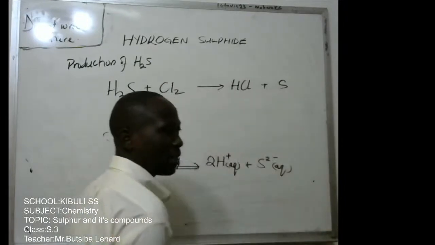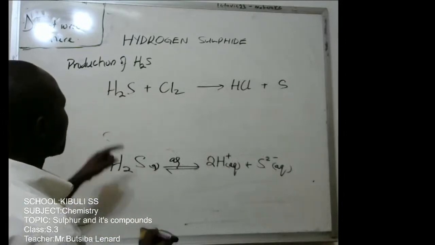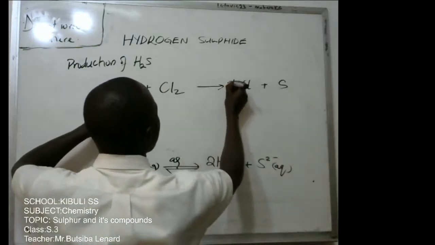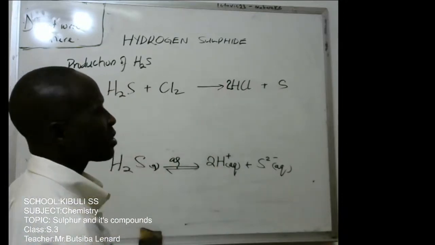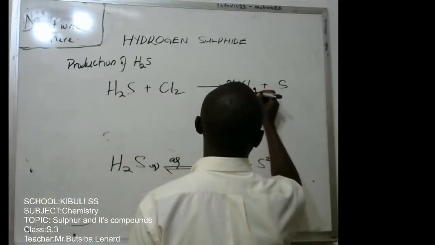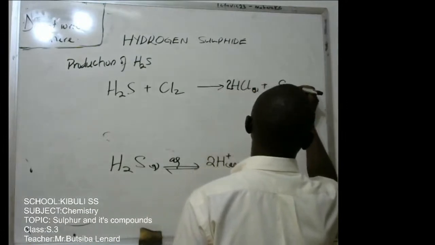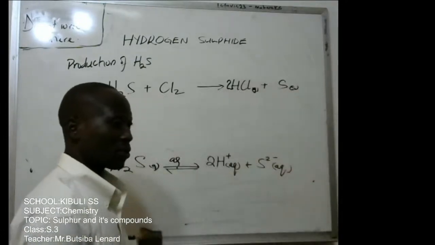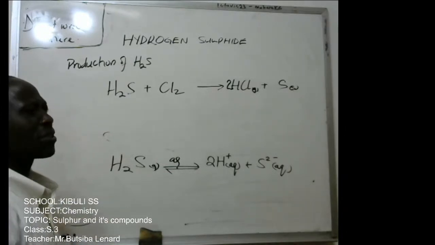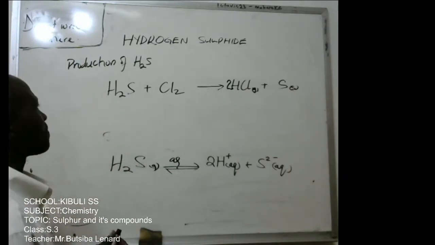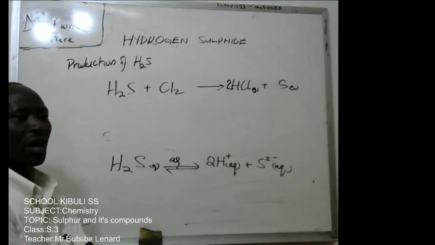Sulfur is going to be deposited. Since we have two hydrogens, this is supposed to be a 2, and therefore our equation becomes balanced. So this is hydrogen chloride gas. This is sulfur as a solid. It is one of the principal reactions that I expect my candidates not to miss out.